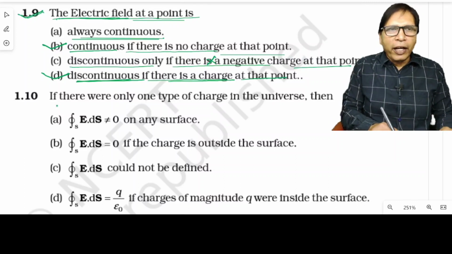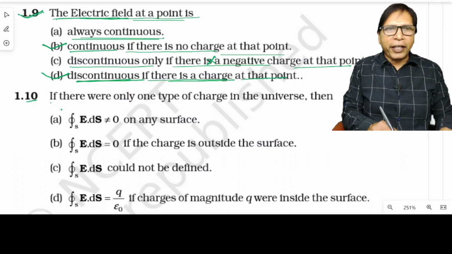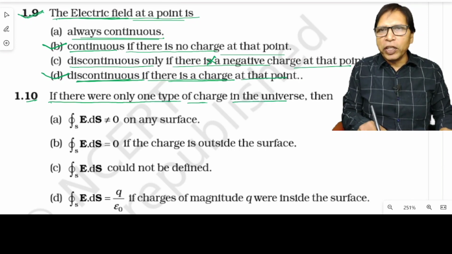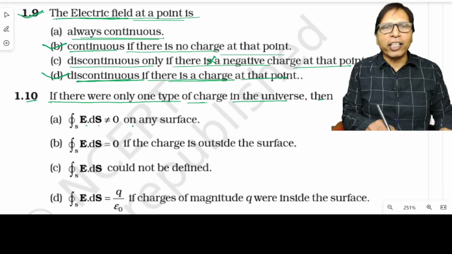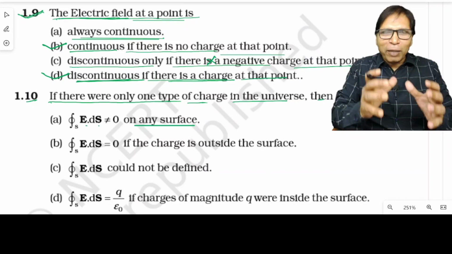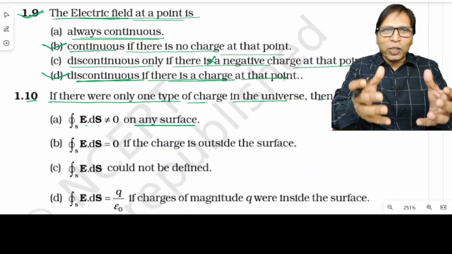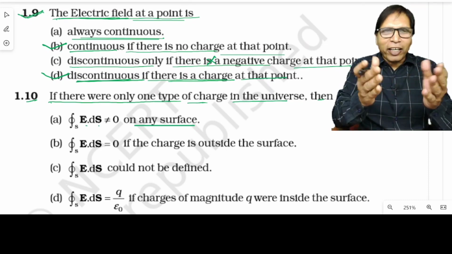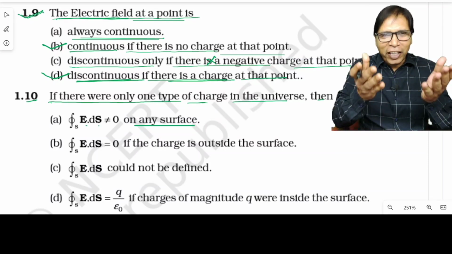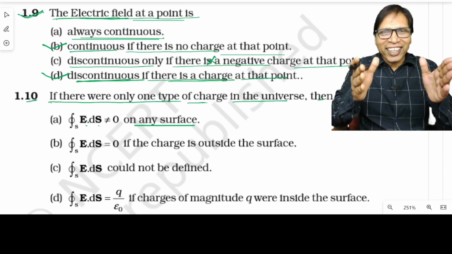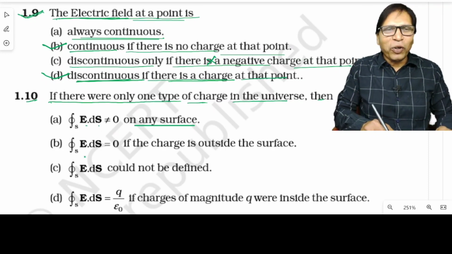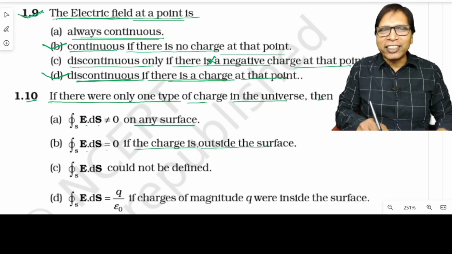Now question number 1.10. If there were only one type of charge in the universe, then E vector dot dS vector is not equal to 0 for any surface? No. If the surface contains the charge q, then E vector dot dS vector is not 0. Otherwise, it is 0, if the charge is outside the surface.